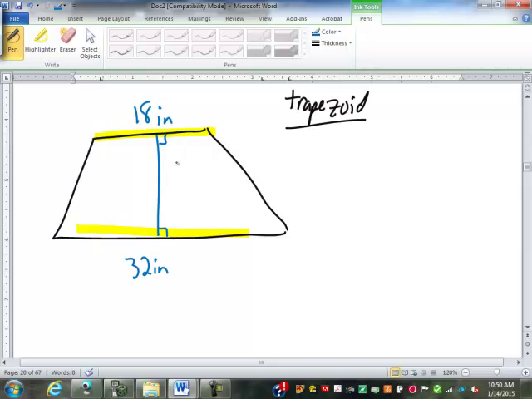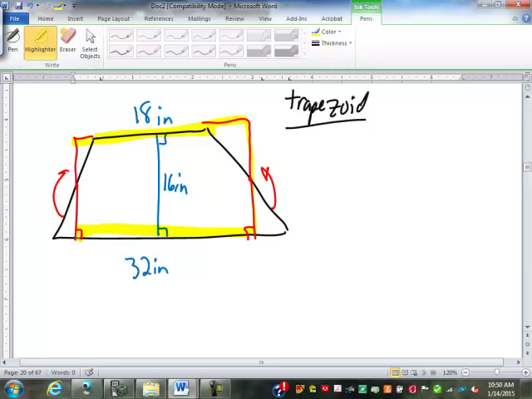So let's say that dimension is 16 inches. To find the area of this, just like we did with the triangle and everything else, we turn it into a rectangle. I'm going to go halfway down the side and chop this off at a right angle. If I flip this up, it should exactly fill in this missing piece. So I've squared off that end of it. I'll do the same over here. Go halfway down, chop this off, flip it up, and I've squared off that end. So now what we have here is a rectangle.